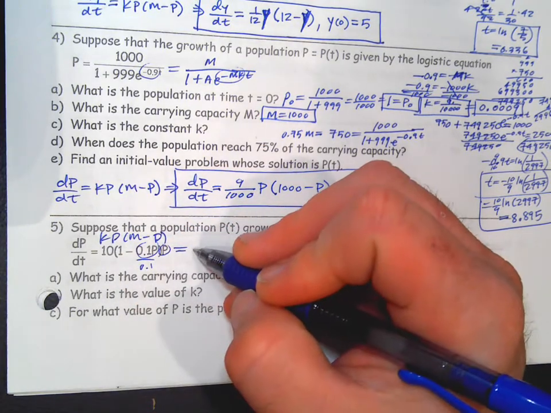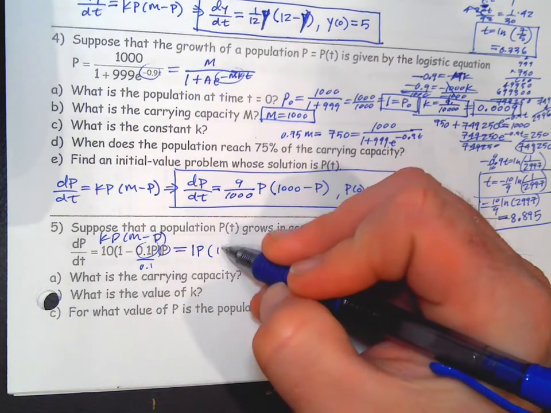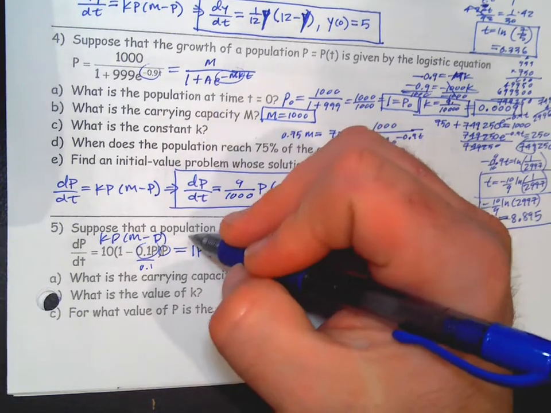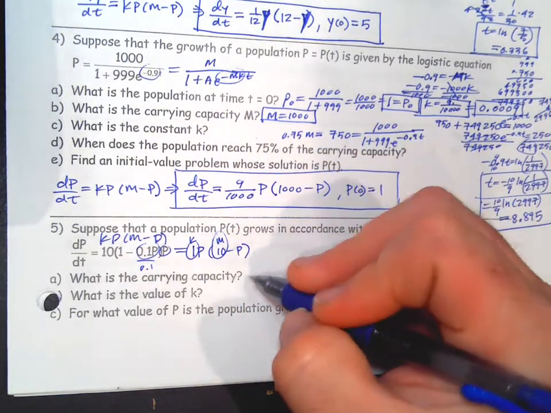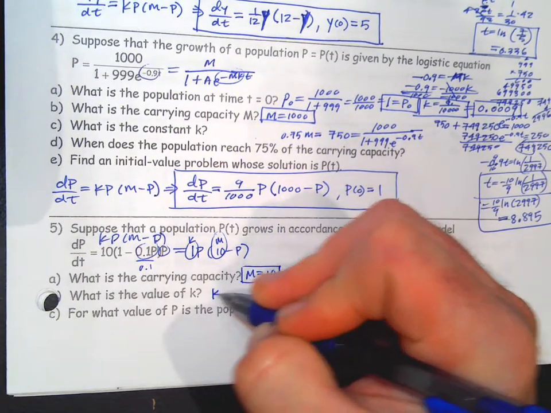So it's going to be, I think, 1p. I'm going to put the p over there. That's going to be 10 minus p, right? So there's your k value, and there's your n. So the carrying capacity is 10. The k value is 1.